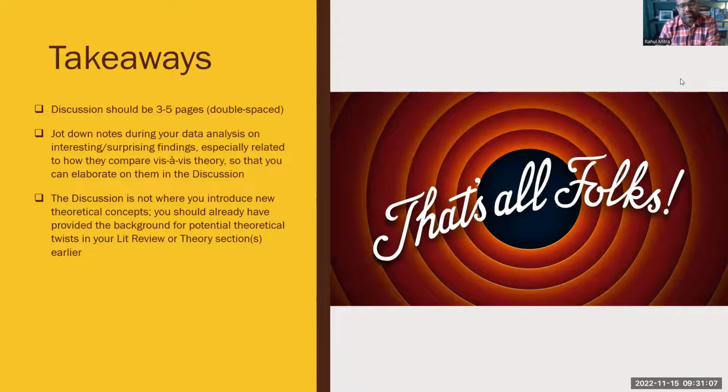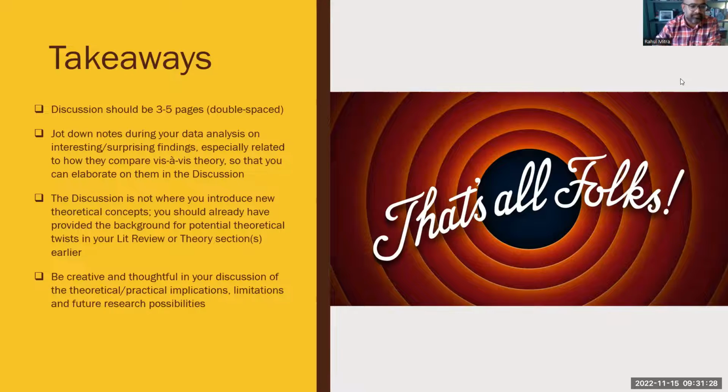And so in the discussion section, you're only doing a callback. You're referring back to X concept that you described earlier in the paper, and then pointing out how your findings are potentially extending or challenging or contributing to that concept X. So keep that in mind.